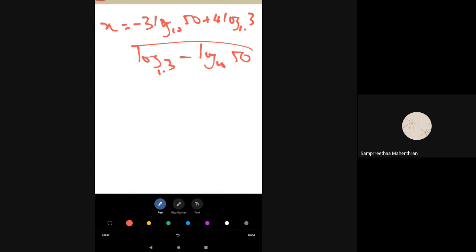So this one we will use a calculator. What is log 10 50? Then what is log 10 3? Then find the value of negative 3 log 10 50 plus 4 log 10 3 over log 10 3 minus log 10 50.